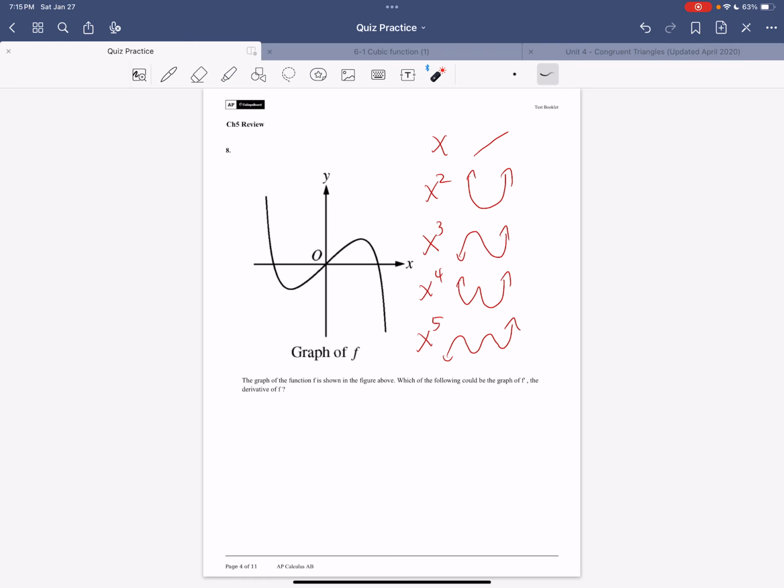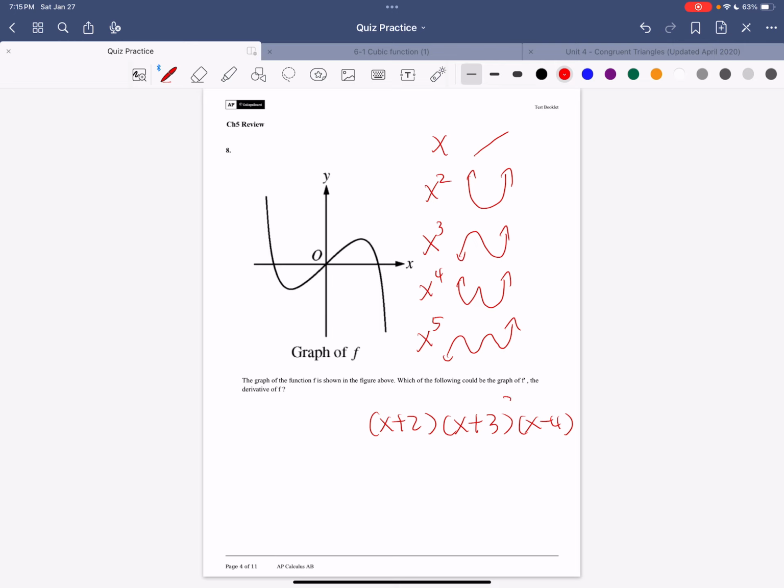And moreover, as you can see, that's a positive graph. And can you see this one is a negative graph? So you want to find something that looks like this. Now, be careful. It is possible that this is an odd one, right? For example, if you have something like that, that's a cubic.